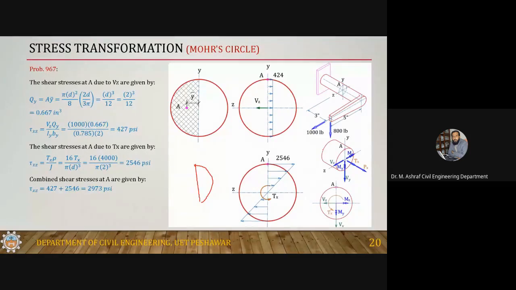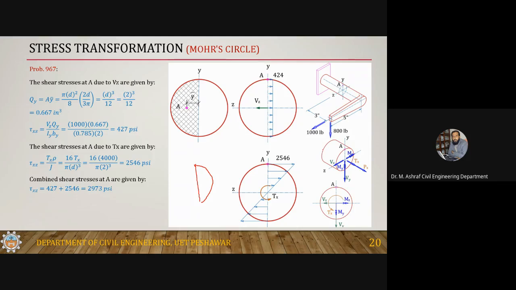This is the shear stress variation diagram. Shear stress is maximum for a circle section at the centroid, at the neutral axis, and 0 at the top and bottom. So Vy is no more there.